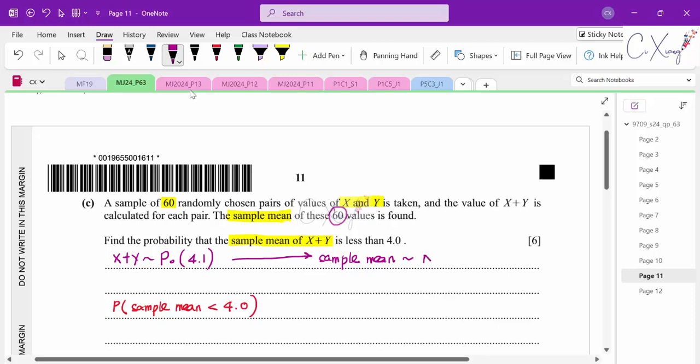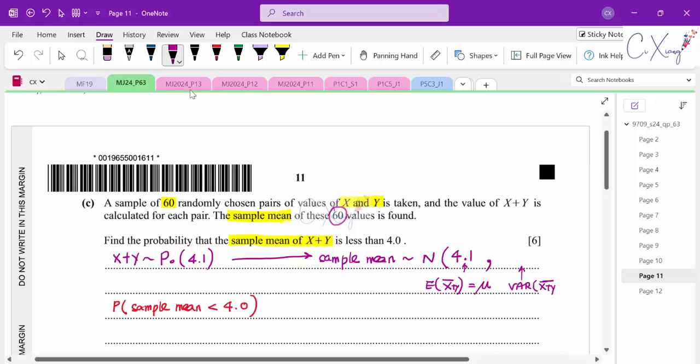Therefore, according to the central limit theorem, the sample mean will be approximately normally distributed. And how can I get the mean? The mean of the sample mean will be equal to the population mean, so it will be 4.1 in this case. After that, how can I get the variance of the sample mean of x plus y?